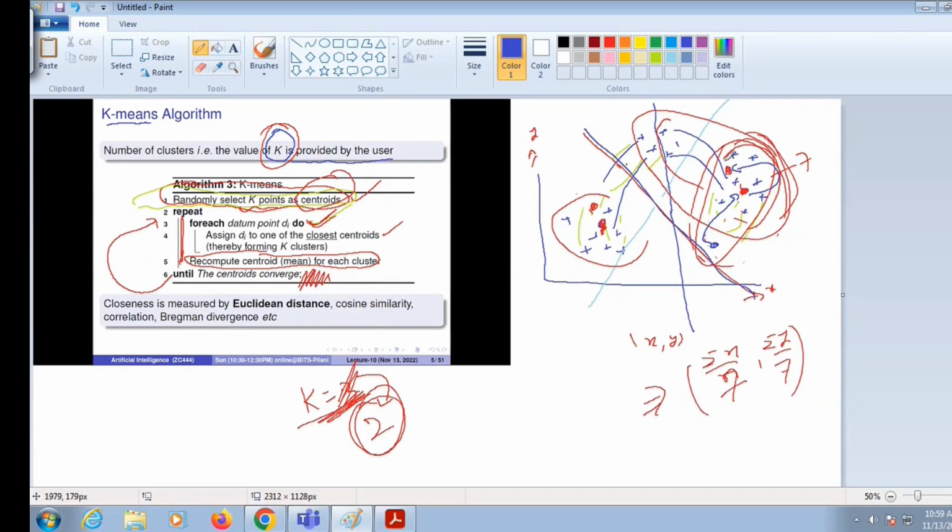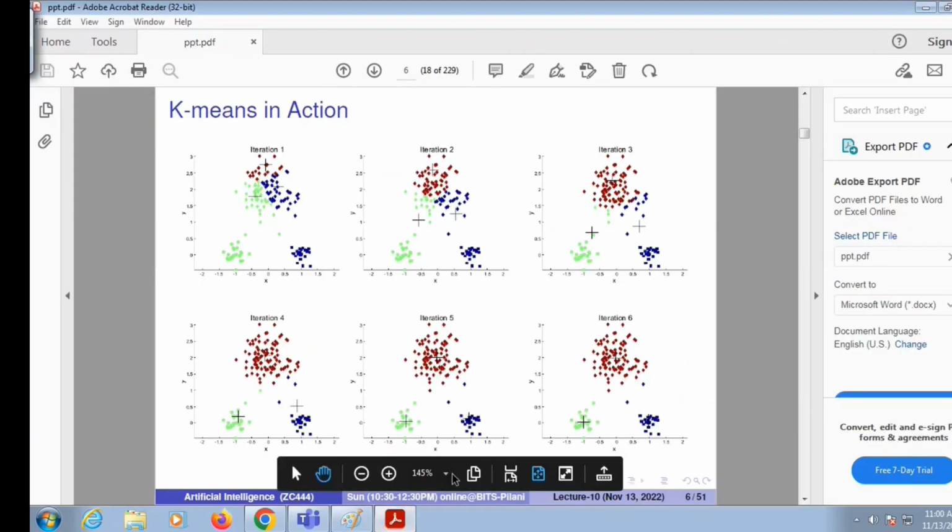If I again do the assignment, it may move here, and this would move here. After that, if I do the assignment, would the assignment change? No, it is moving very little. Earlier also these were assigned; now if I do the assignment, it is a different line, but the assignment is the same. So when the centroid stops moving, it ends. It has converged.